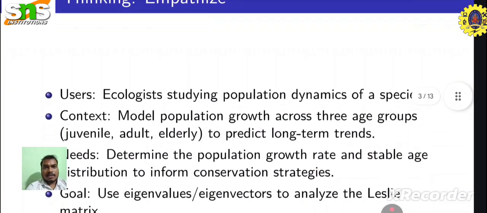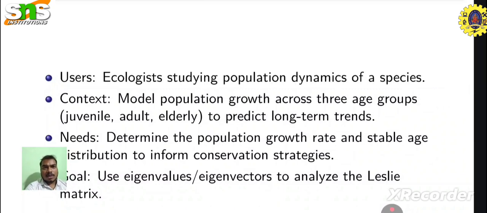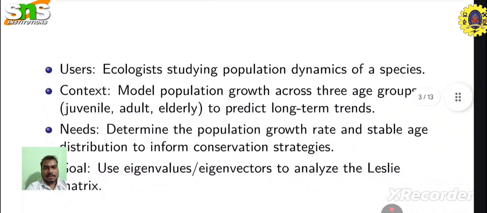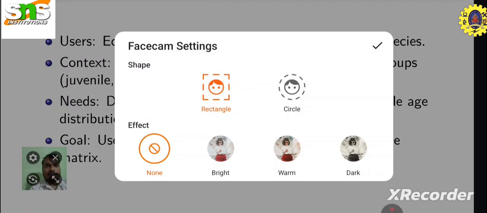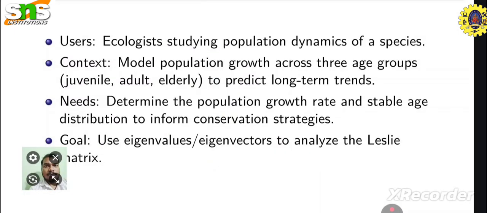Empathize. The user is an ecologist studying population dynamics of a species. Context: the model population growth across three age groups, juvenile, adult, and elderly, yearly to predict long-term trends.